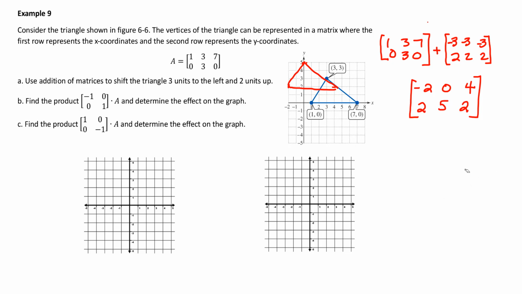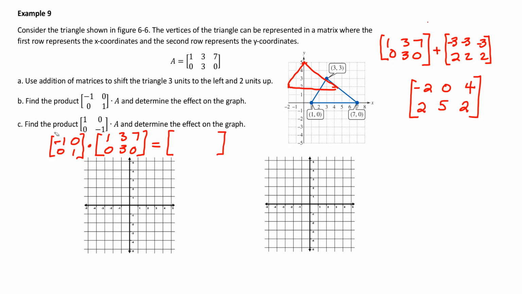I'll do that right here. You've got negative 1, 0, 0, 1, and you're going to multiply that by 1, 3, 7, 0, 3, 0. This is a 2 by 2 matrix, and this is a 2 by 3 matrix, so you're going to end up with a 2 by 3 matrix.